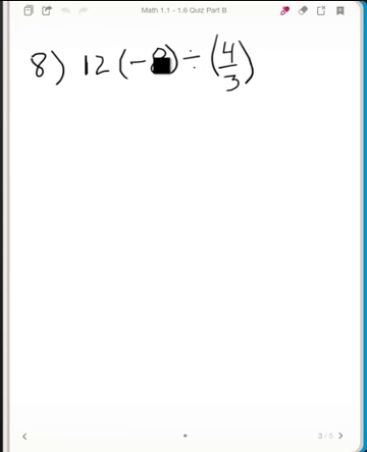Alright, so I have 12 times negative 8 divided by 4 over 3. So 12 times negative 8 is going to give me negative 96. Then I'm going to have divided by 4 over 3. And now again, this is the same division of fractions.